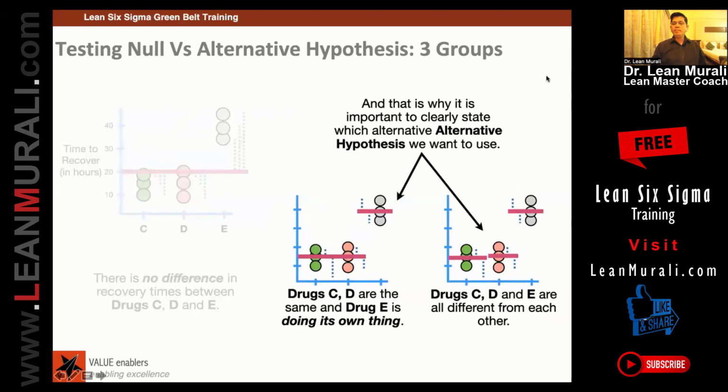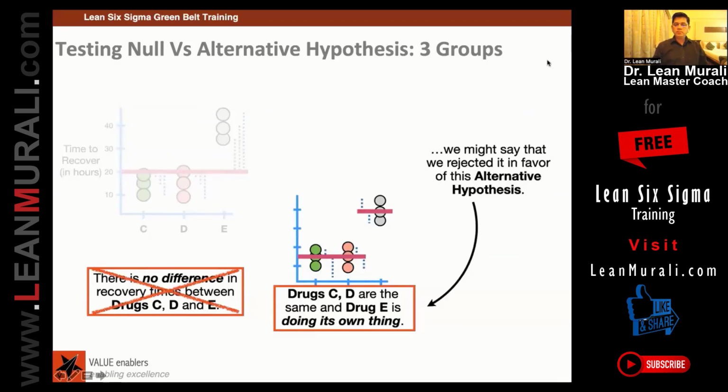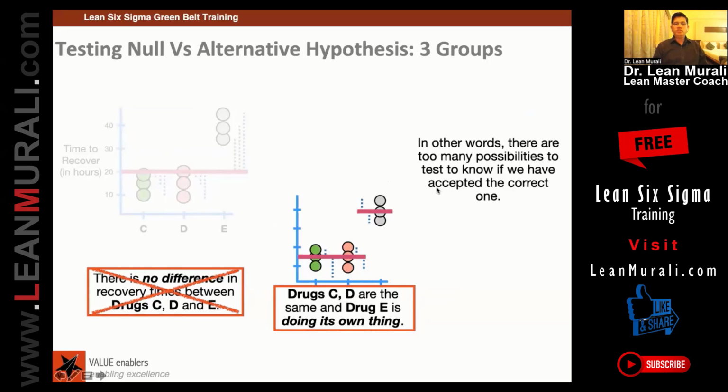And that is why it is important to clearly state which alternative hypothesis we want to use, because we either reject or fail to reject the null hypothesis in favor of that particular alternate hypothesis that we have chosen. C, D are doing the same thing, and one is this. We might say we rejected in favor of this alternate hypothesis.